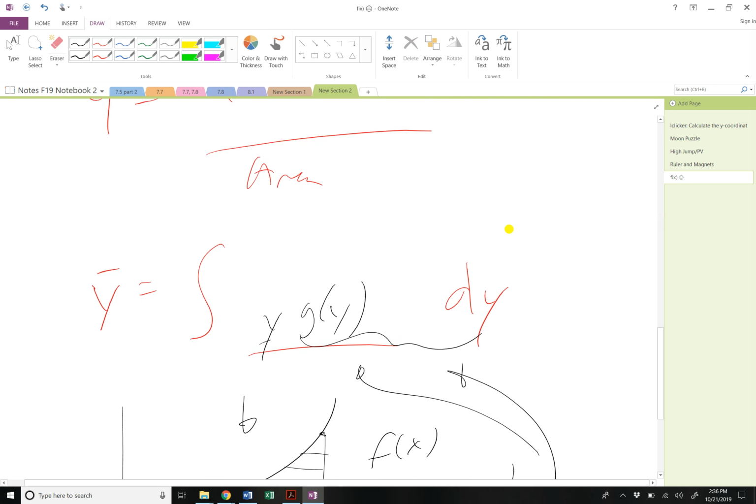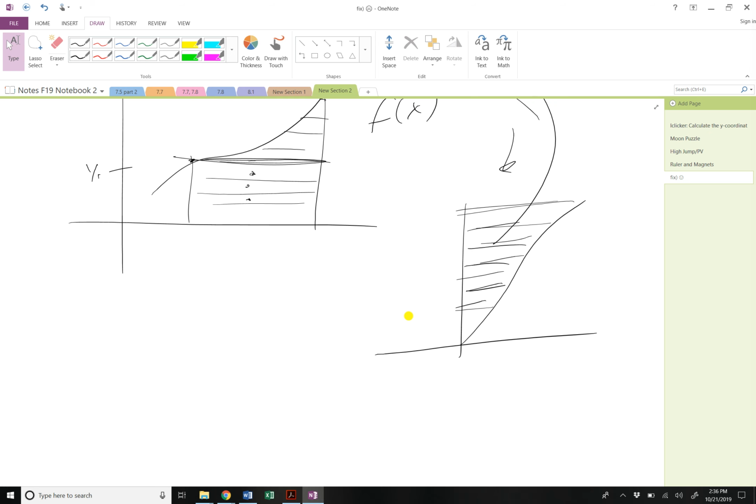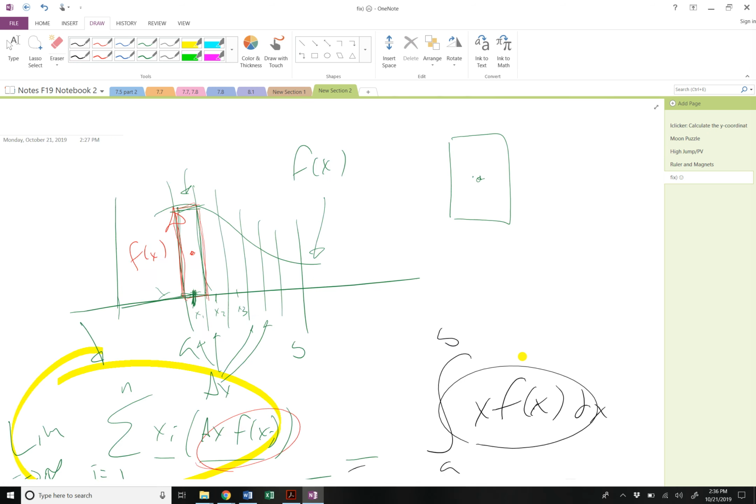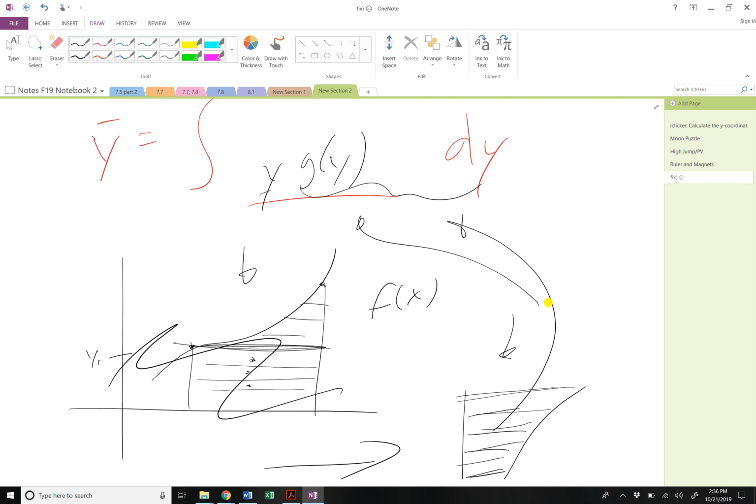And vice versa, to figure out your x bar in this case, it would be g of y squared divided by 2 dy. So you reverse those. Okay, that was not a good explanation. I haven't thought a lot about that, as you can tell.